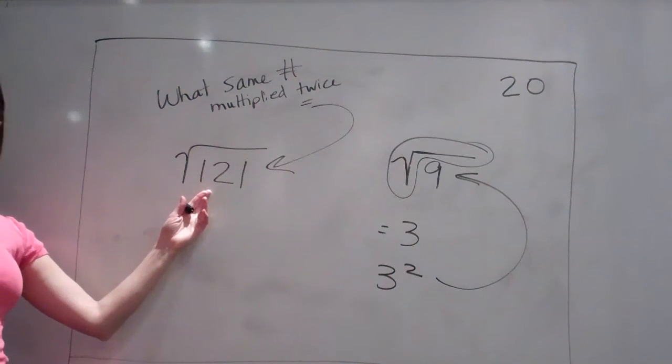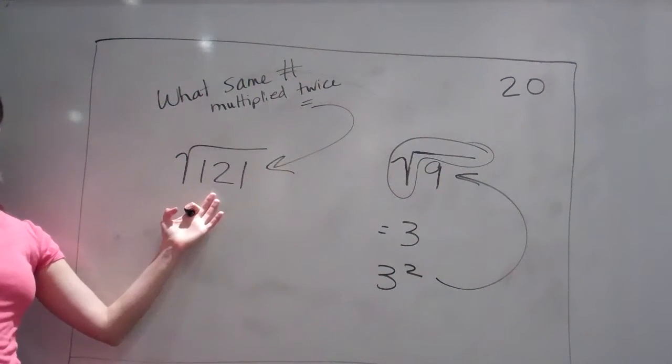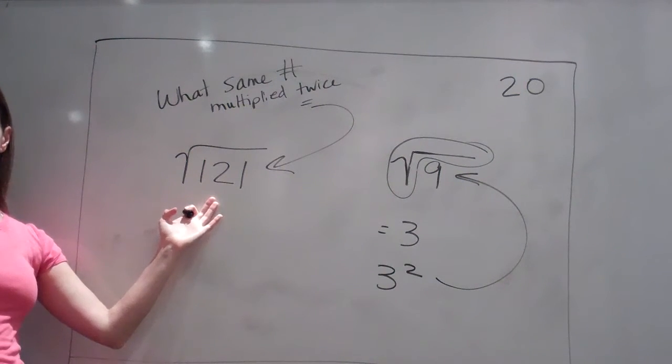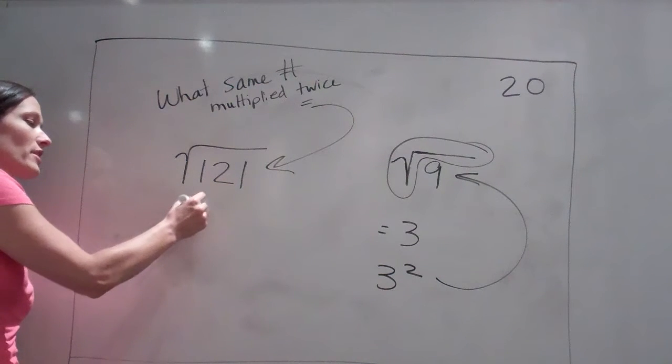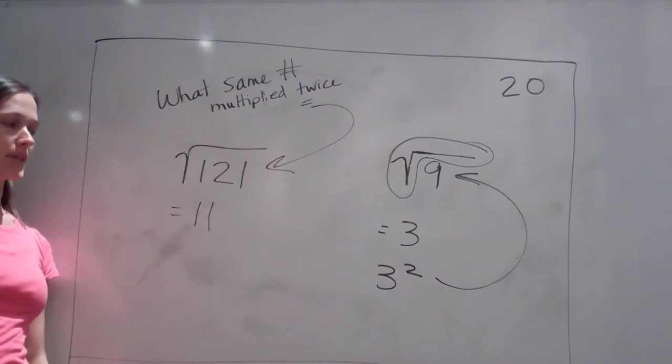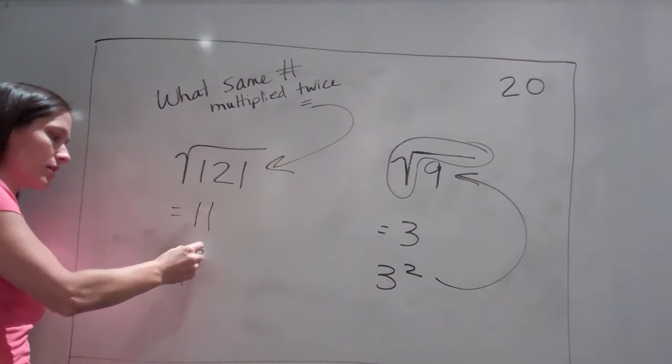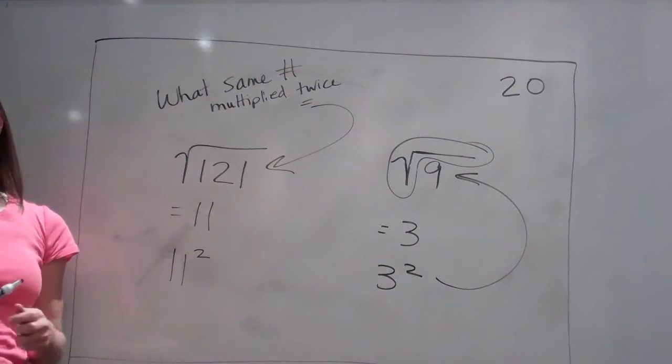Still not close. 10 times 10, 100. 11 times 11, 121. The answer to this one is 11, because 11 times 11 is 121.